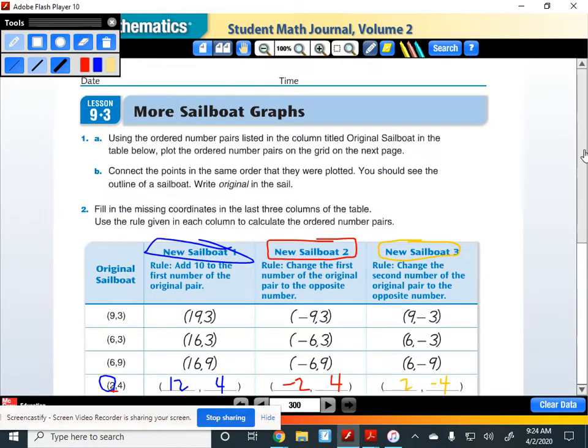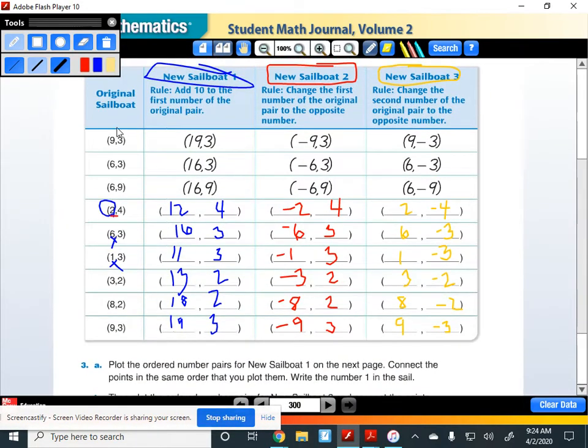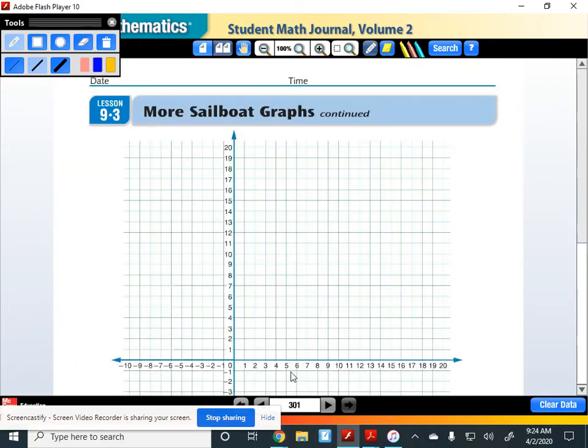So we're going to plot the original sailboat. I can't do it in black, so I'll do it in red. 9, 3, 6, 3 is where we're starting. 9, 3. So first number is x. We go side to side.